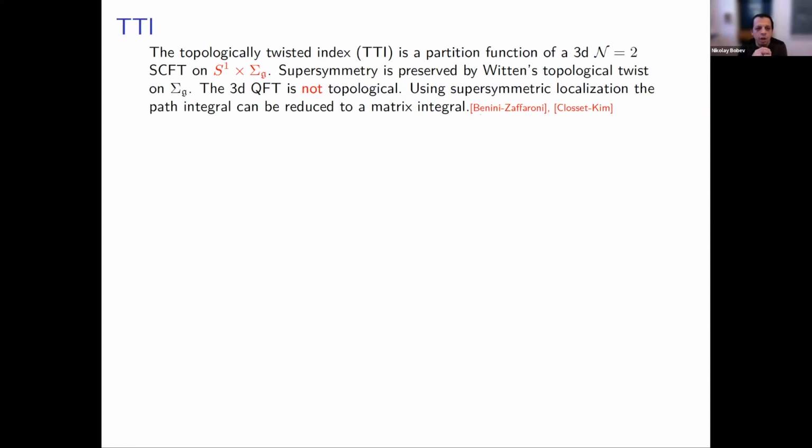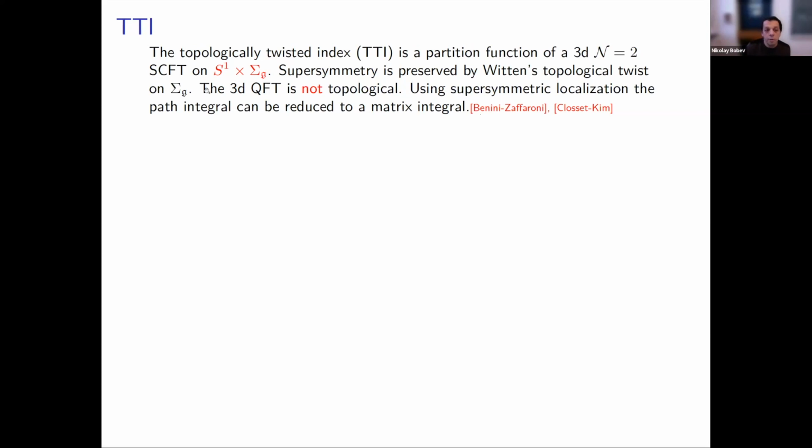And this is called Witten's topological twist. It's a little bit of a funny name because it's not always true that you do get a topological theory afterwards. In this example, you still have dynamical degrees of freedom on S1, because I'm doing nothing on this S1.